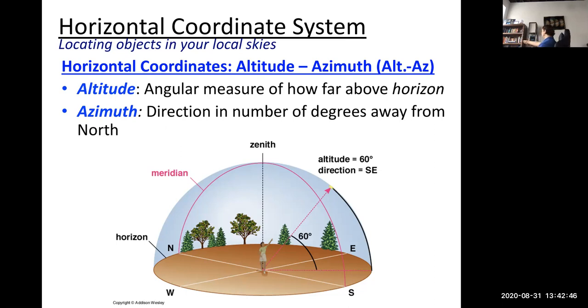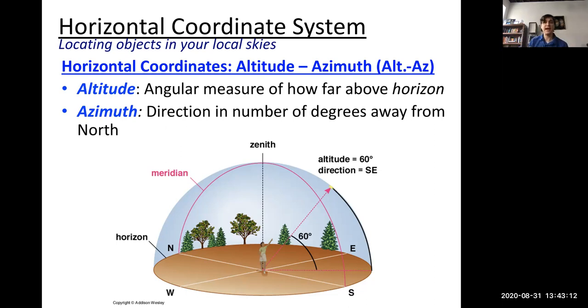As I rotate to due south, I'm at 180 degrees of azimuth. As I point to due west, I'm at 270 degrees of azimuth, and then back to 0 at north. So it's just the number of degrees you are away from due north, moving around from north to east to south to west, and just counting up the degrees. So it just tells me how far do I spin around.